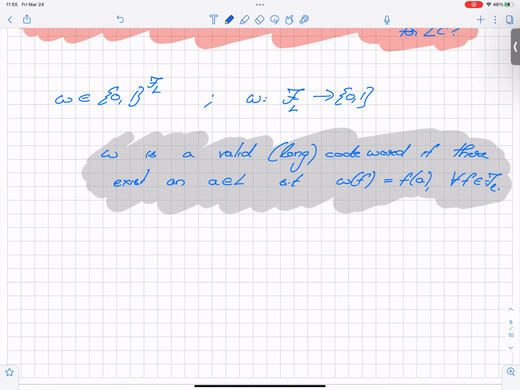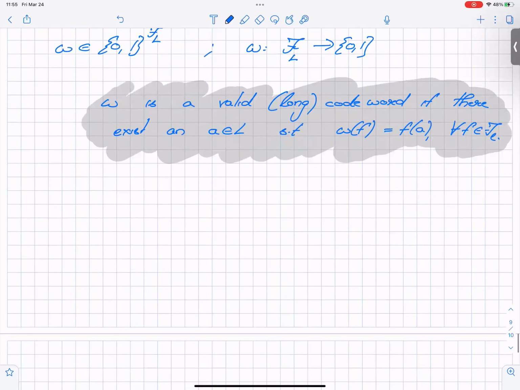So in that language, it's clear where it's a dictator. {0,1}^L to {0,1}: each of the {0,1}^L inputs gives a function, the truth table of a function.